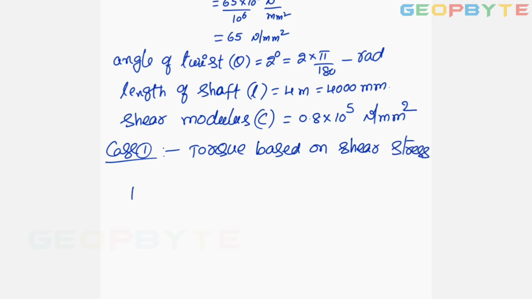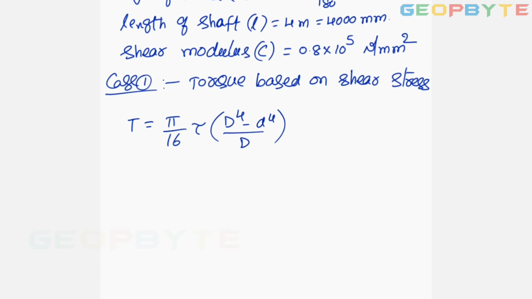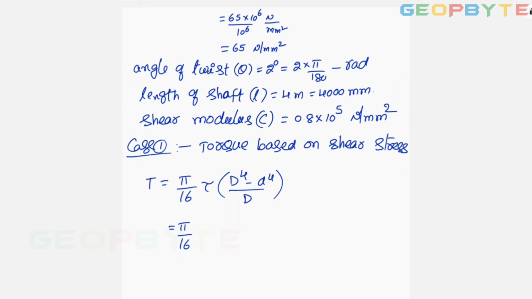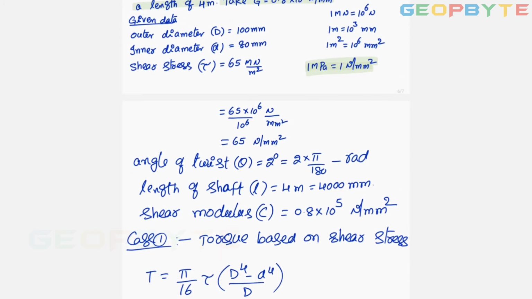It is like this: T equal to pi by 16 into tau into, since it is a hollow one, capital D power 4 minus small d power 4 by capital D. It is equal to pi by 16 into tau, how much tau? 65, into capital D, outer diameter 100, inner diameter 80.